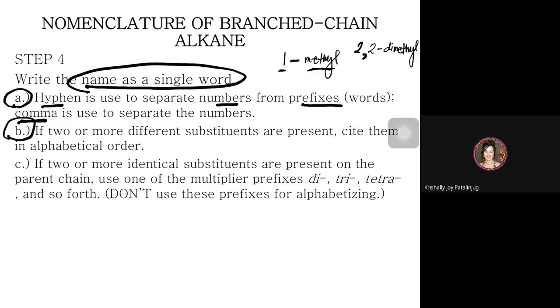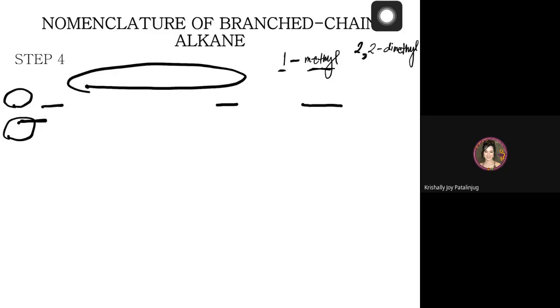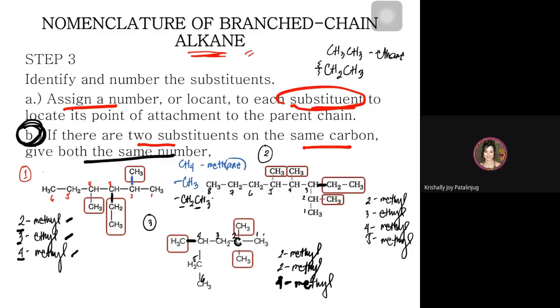Okay, letter B. If 2 or more different substituents are present, cite them in alphabetical order. Earlier, in this slide, we listed all the branches, all the substituents in a molecule. For example, in molecule 1, there is methyl, ethyl, methyl.